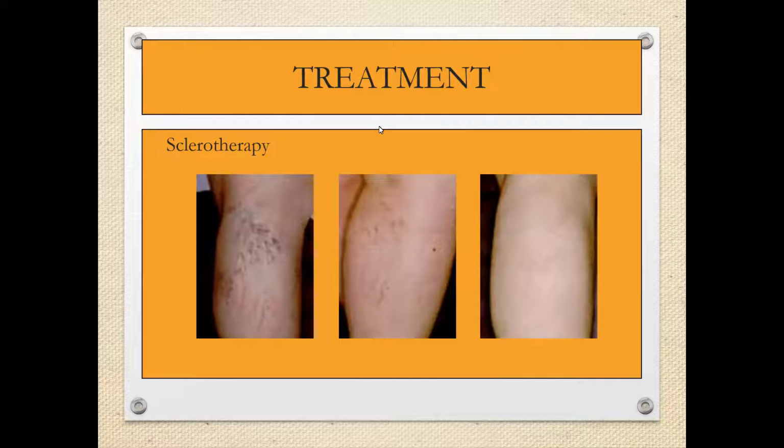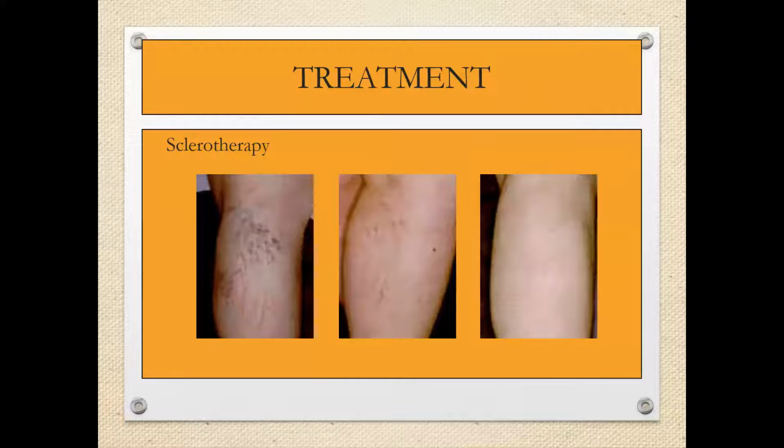These are some pictures of how this progresses over time. This takes time. This often takes more than one treatment session. Treatment sessions are limited by the total allowable dose that the FDA has approved to be used in a single day.